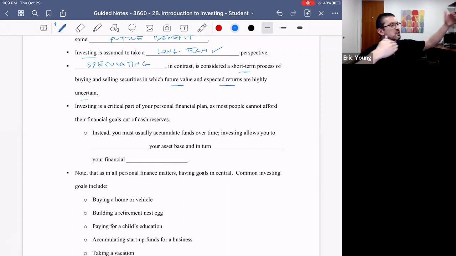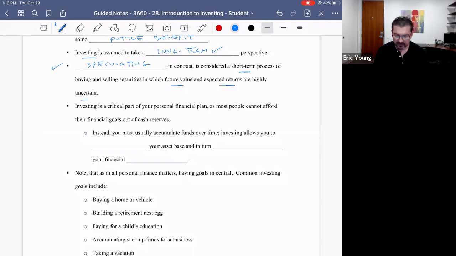However, there are historical trends, and therefore we can say, not with complete certainty, but with a relatively high degree of certainty, that if you start young and have a long-term investment program, you can use some historical data to predict, and again, not perfectly, but to make predictions about your long-term returns based on certain asset classes. With speculation, those returns are highly uncertain, highly volatile.